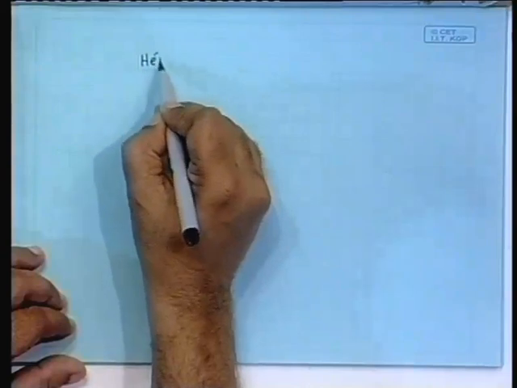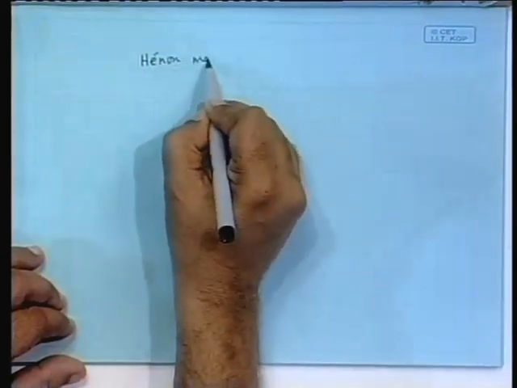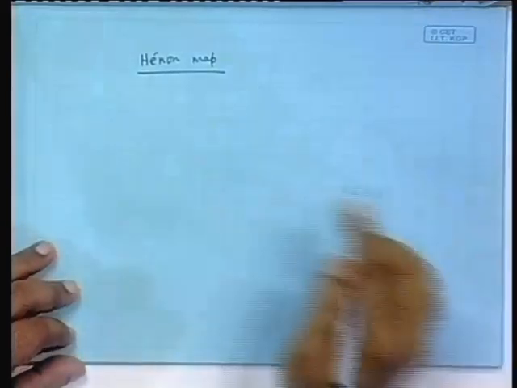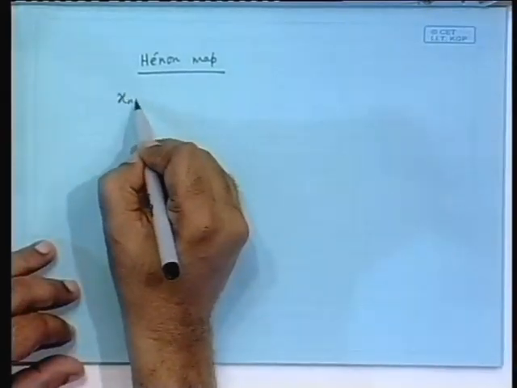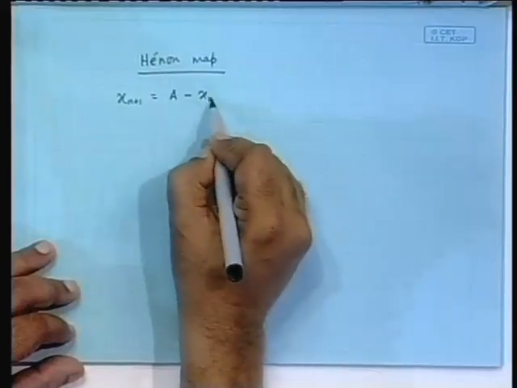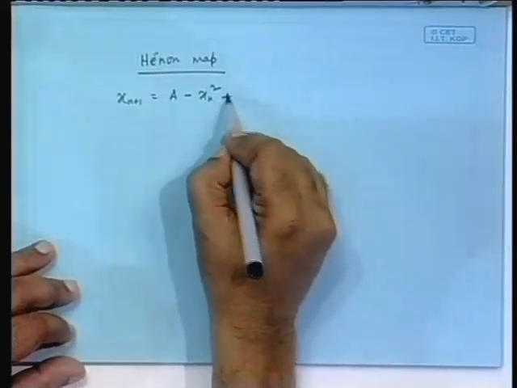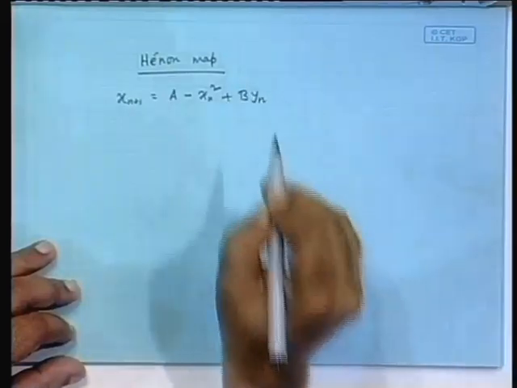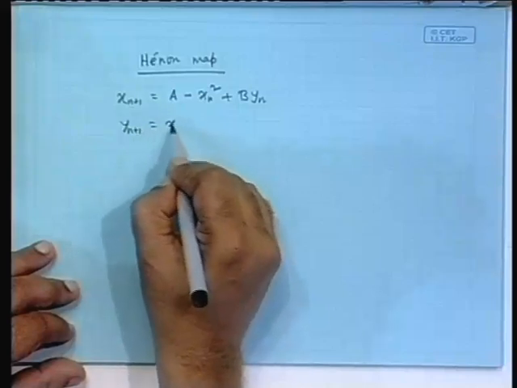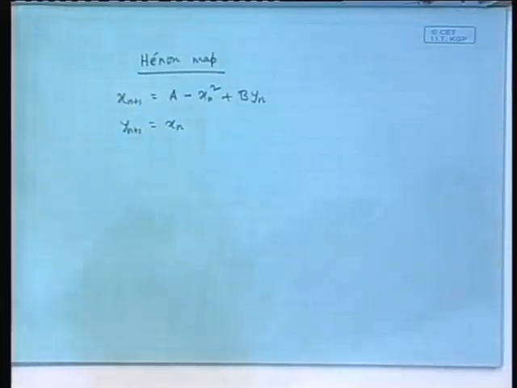Okay. In order to explore, let us explore by means of a specific map called the Henon map. This map is x n plus 1 is equal to a minus x n square plus b y n, and y n plus 1 is equal to x n. 2D system.